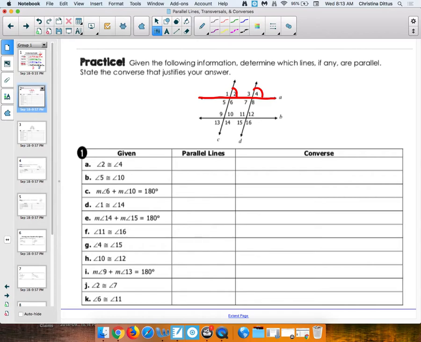B and C. C and D. C and D have to be parallel. So we're going to go C, parallel, D. And then what kind of angles are 2 and 4? Corresponding. Good. So then we're going to write corresponding angles.